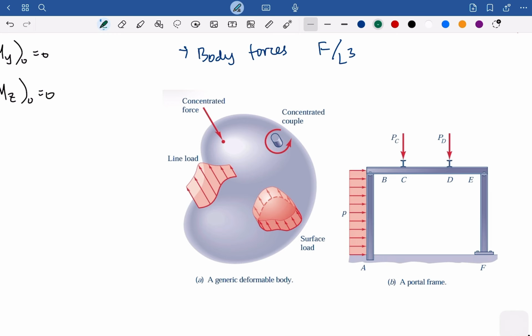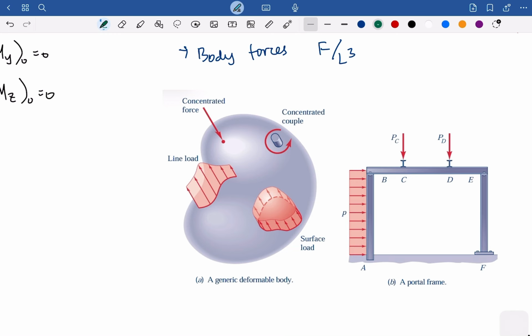We can simplify this as a concentrated force at that distance for this distributed load, right? So we could say it can be Newtons, and it could be Pascal or megapascal.